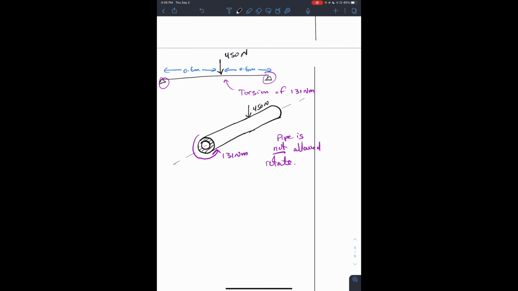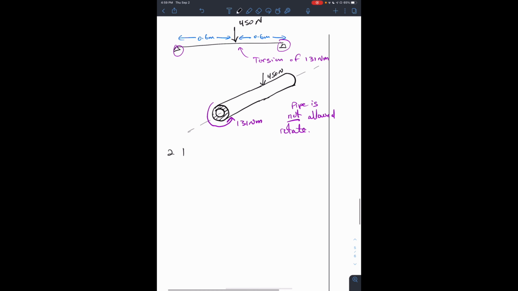So this demonstrates now two types of loading. That is, we have a beam point load, which we could handle, and then we have a torsion load.